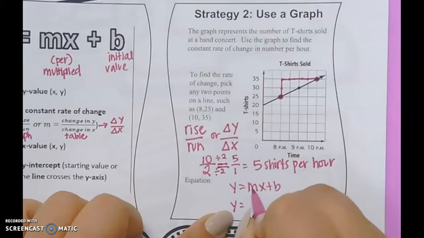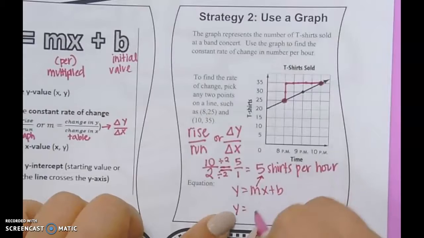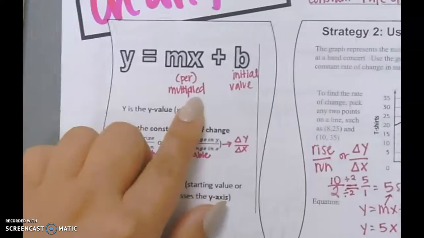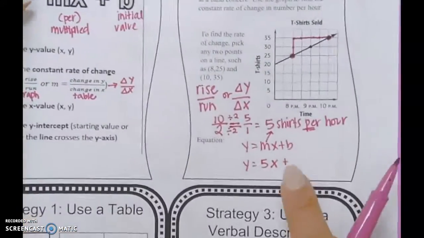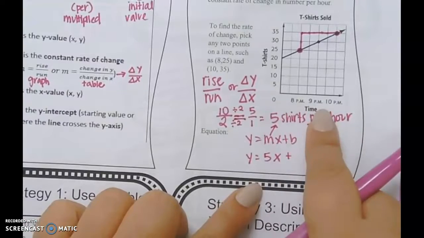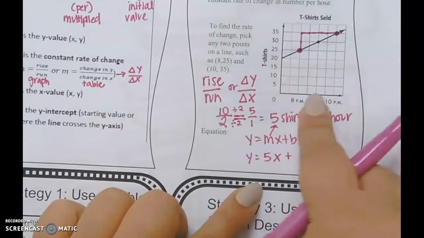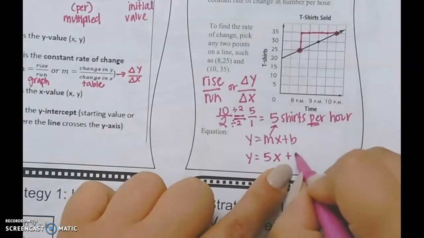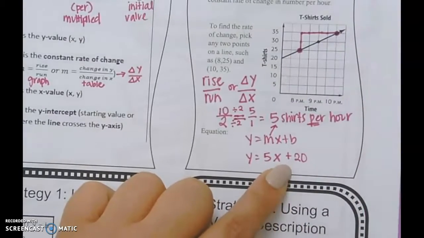Y is our y values. M is our rate. Remember, per, our rate, our per. So 5 per hour. X is our hours. See how it's all adding up? X, y, x is hour. 5 per hour plus our y-intercept, which is over here at 20. They already had 20 sold.